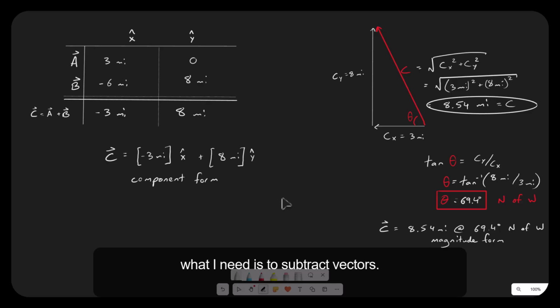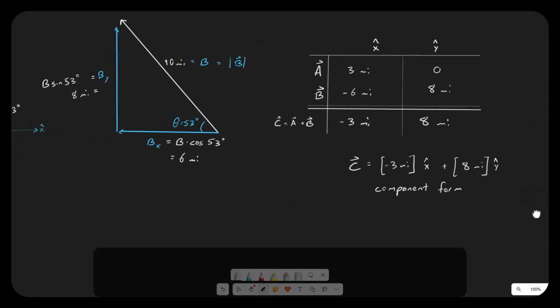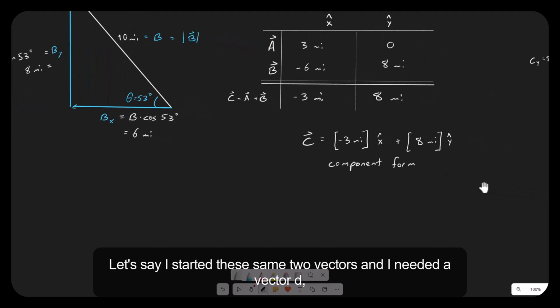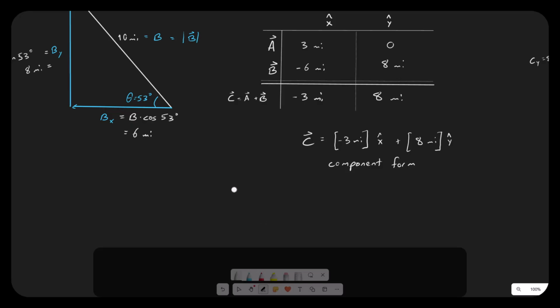Sometimes what I need is to subtract vectors. Let's say I started with these same two vectors and I needed a vector D that was A minus B. I'm going to set up my same table.